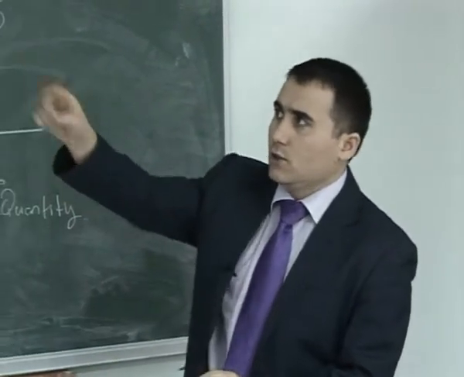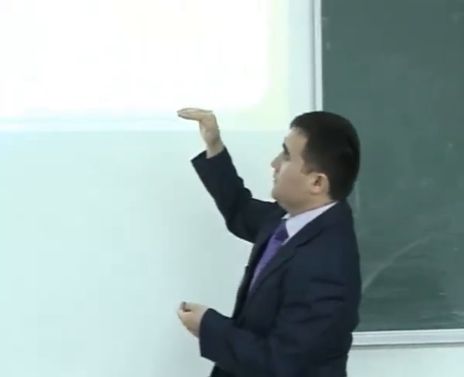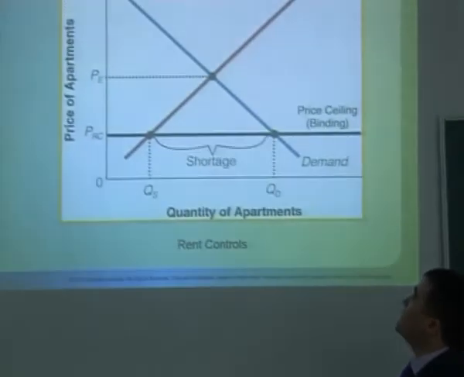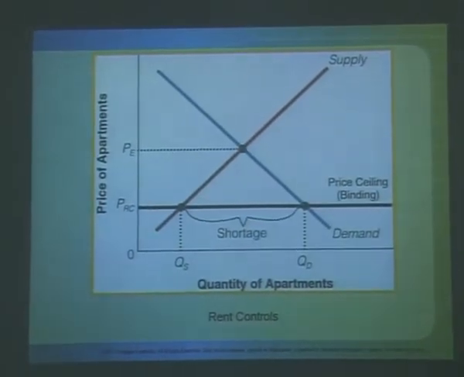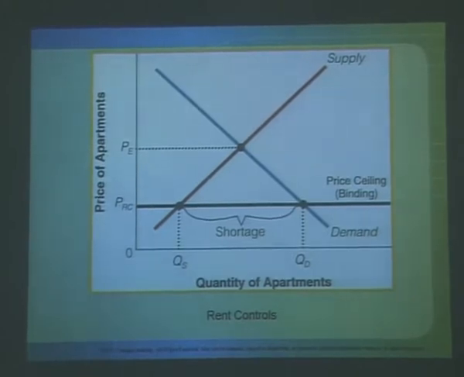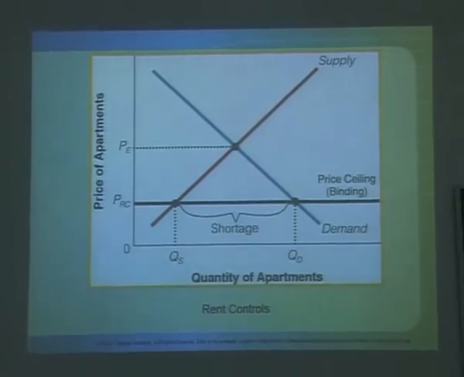So as you can see on the graph, it says that the price ceiling is binding. Binding means that it has an effect. I will show you something that is not binding, which means it doesn't have any effect.